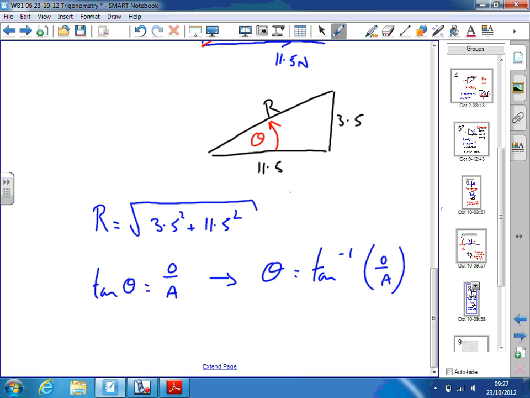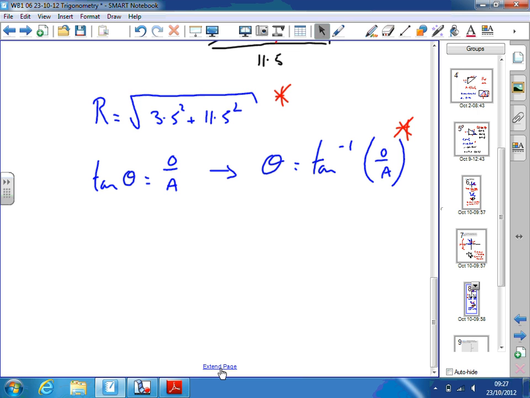So again, these formulae are very important to remember when it comes to finding the resultant of two forces. So in this particular example, r is the square root of, oh well, we've done that. So what does r turn out to be?